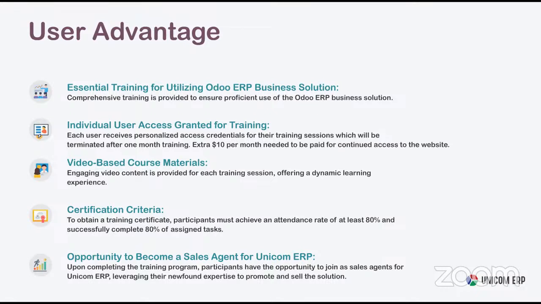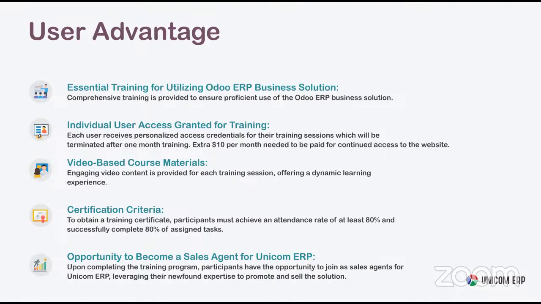So you can use these credentials to access our Odoo Community Edition website specifically designed for this training purpose. The user ID that you should get will be a 6-digit number, and there will be a password also, which will also be a 6-digit number. So you can use these credentials.